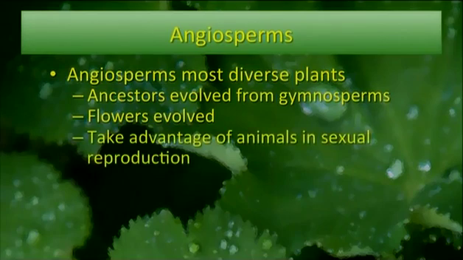To take advantage of animals in their sexual reproduction, in two ways. First of all, you have the transfer of pollen from an anther to a stigma, which is called pollination. It's usually facilitated by some kind of animal, oftentimes an insect.